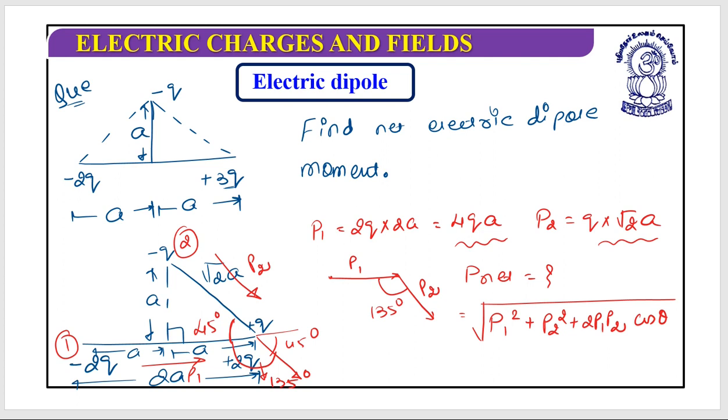For theta you are going to put a value of 135 degrees, and you might know that the value of cos 135 is equal to cos 45 degrees, but with a negative sign.